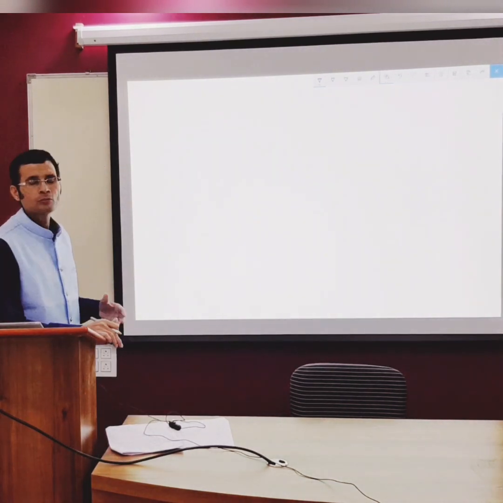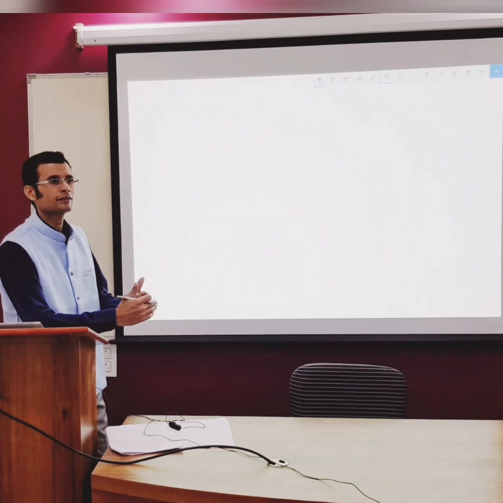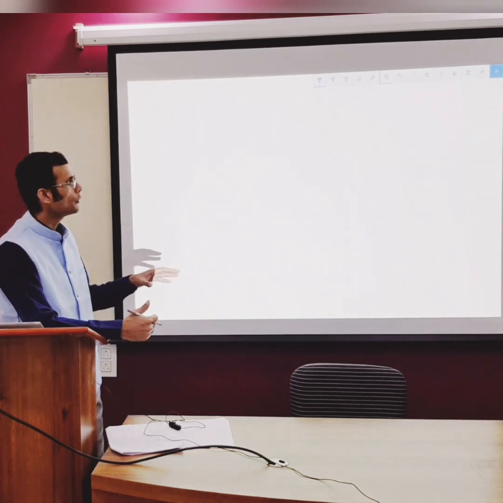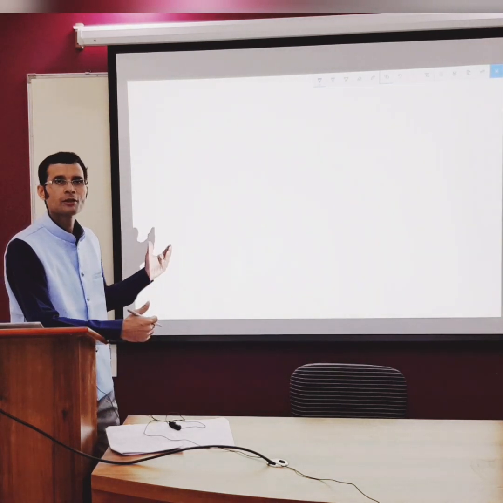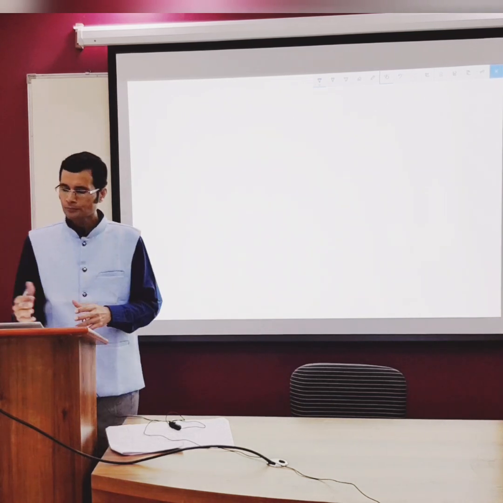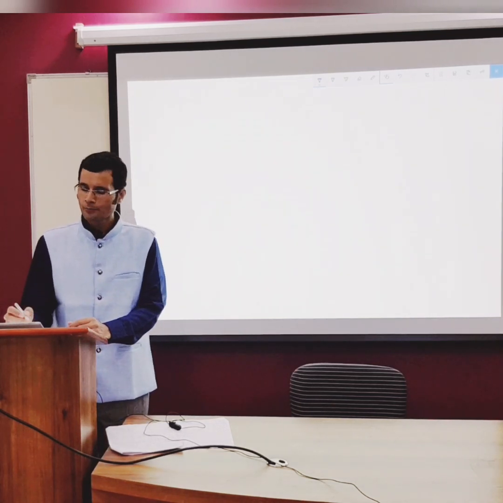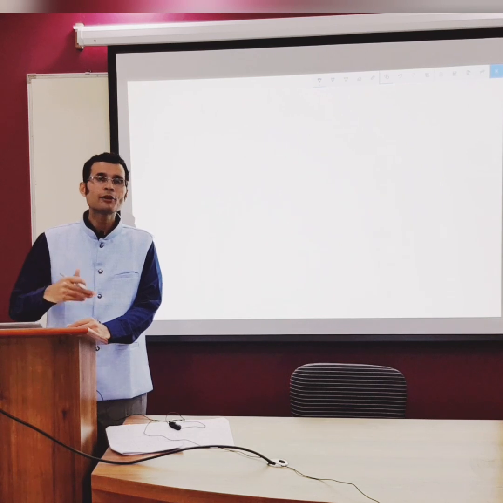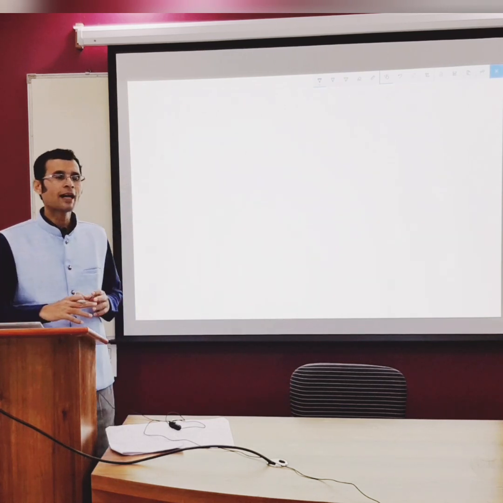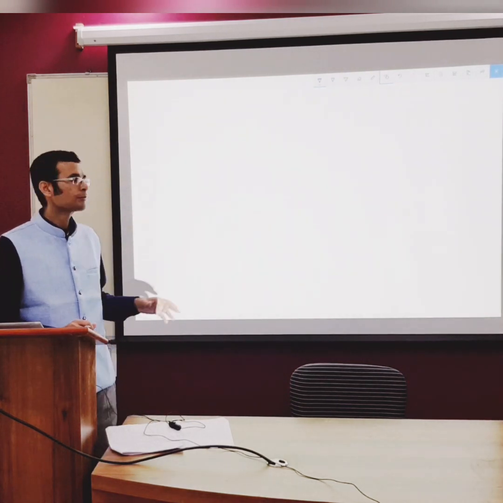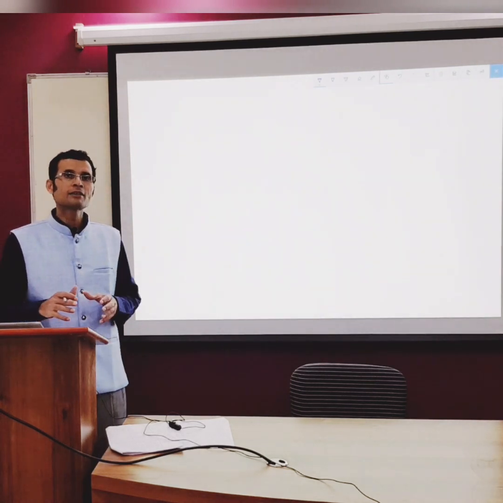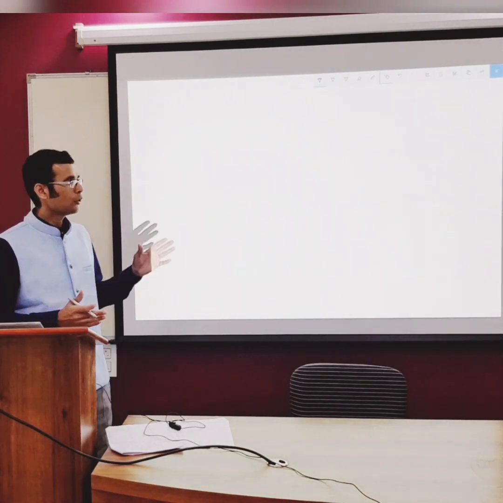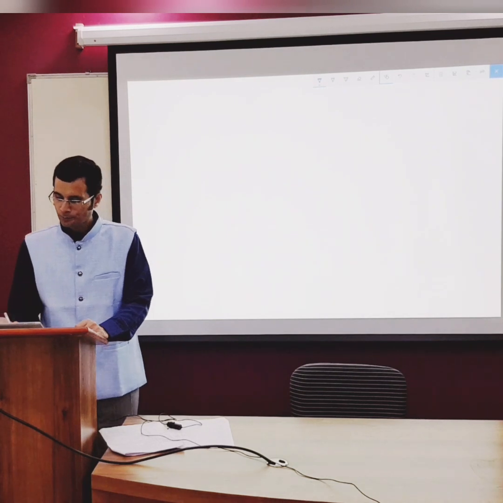How does this homeostasis work, or how is the stability or constancy maintained? It's based on the regulatory mechanisms. Before we actually talk about the regulatory mechanisms, let us understand the schematic model of those regulatory mechanisms.